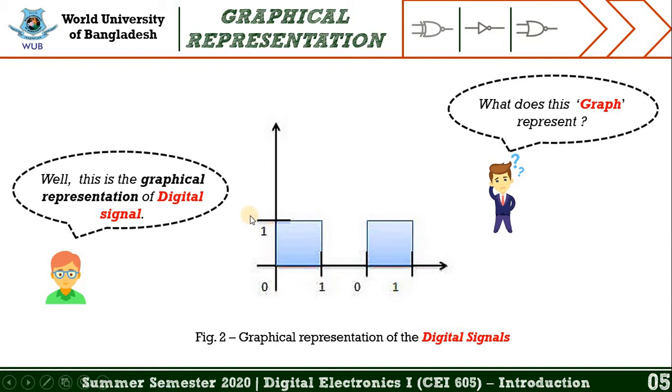As we know from the digital signal definition slide, a digital signal is finite, so that's why there is a specific value indication on the x-axis as well as the y-axis. So that's it from this slide. Now move into the next slide.